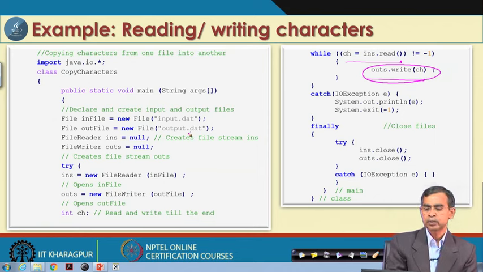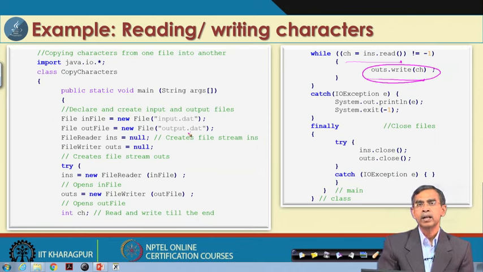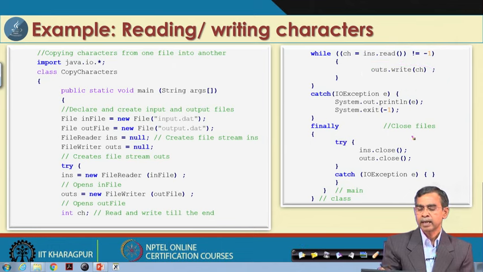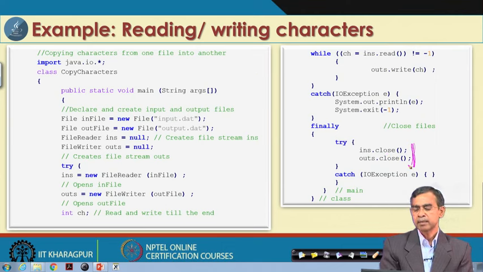So, it reads one character from an input file called input.dat, and then writes the same character into an output file called output.dat. Again and again, then once the entire file is read and written, it closes the two objects using the close method.